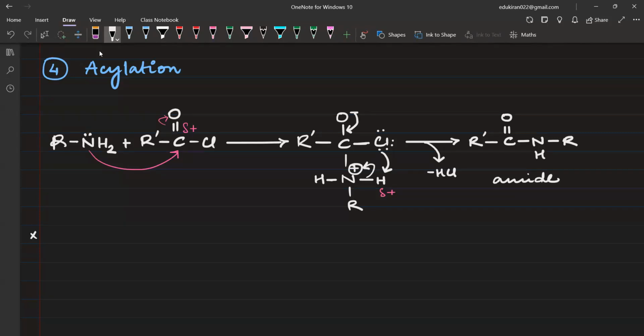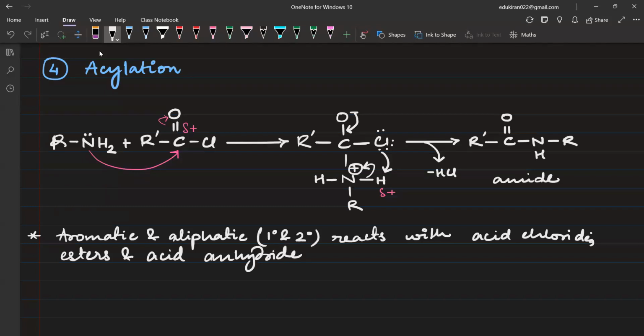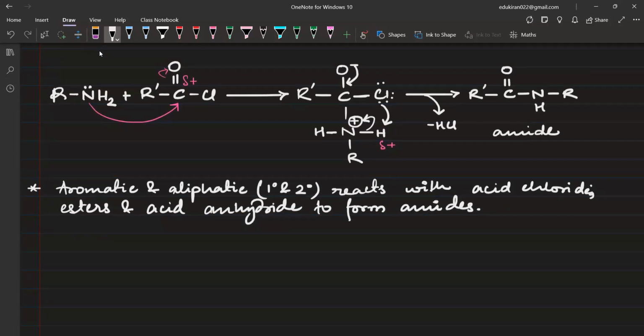So यहाँ पे सबसे पहले लिखिएगा, first of all, aromatic and aliphatic 1 degree and 2 degree only, not 3 degree, because 3 degree में हाइड्रोजन नहीं होता है. 2 degree reacts with acid chloride, esters, and acid anhydride to form amides. ठीक है. तो जैसे कि यहाँ पे HCl प्रोड्यूस हो रहा है, उसी तरह से when you are going to take esters, then their carboxylic acid will be formed.